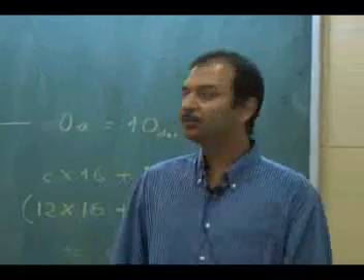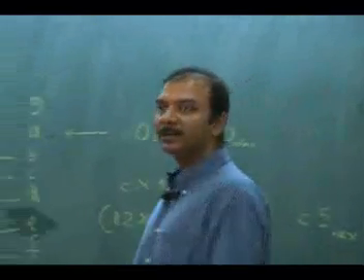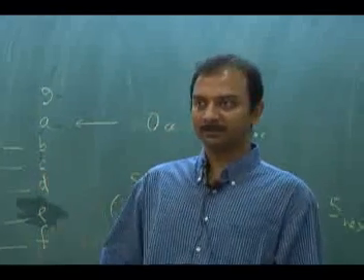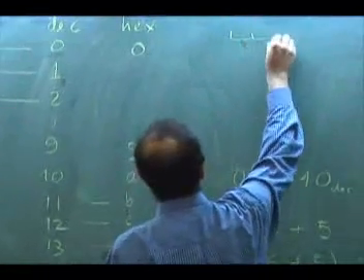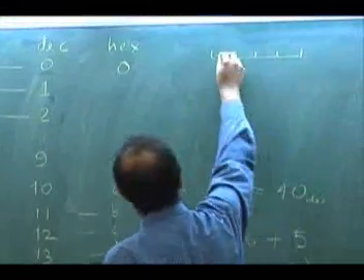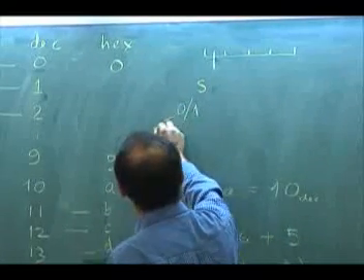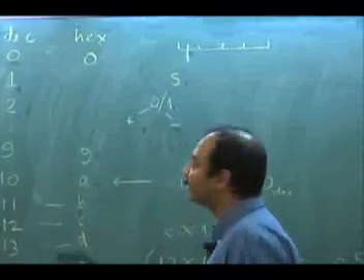Now, a very simple way to represent positive and negative numbers is to set aside one of the bits as a sign bit. Right? So suppose I was given 4-bit position. I say this is going to be my sign bit, which can be either 0 or 1. 0 might mean positive, 1 might mean negative, say.